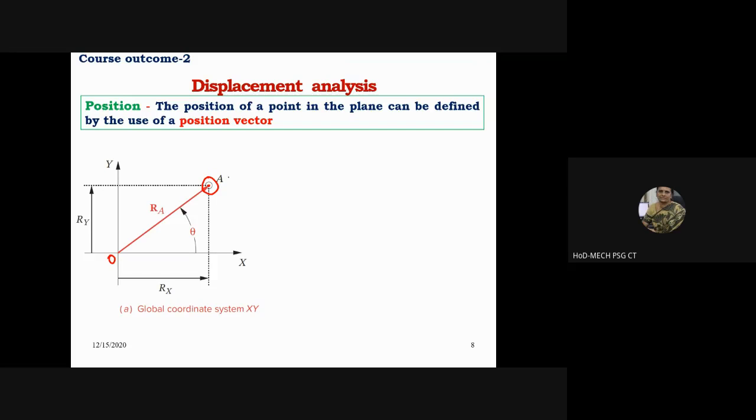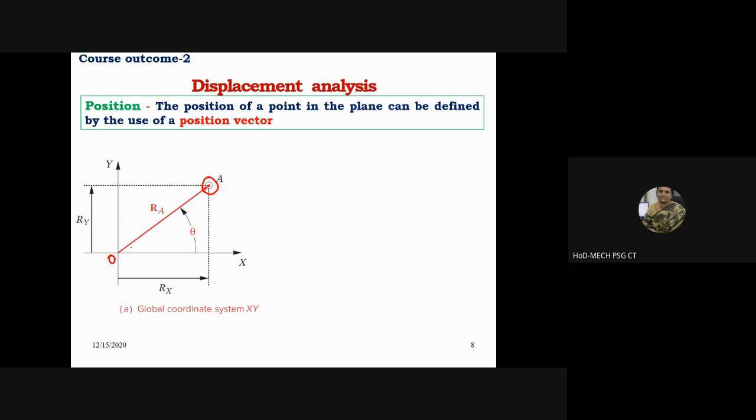Now, in order to specify the position of point A, we represent it as a vector, because the concept of vectors to represent positions will be useful when you make use of the analytical methods.